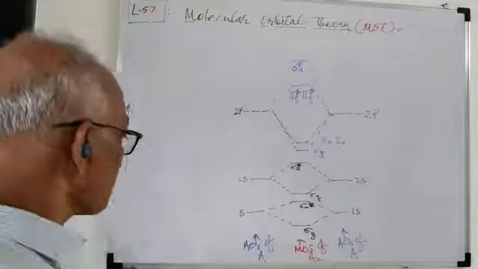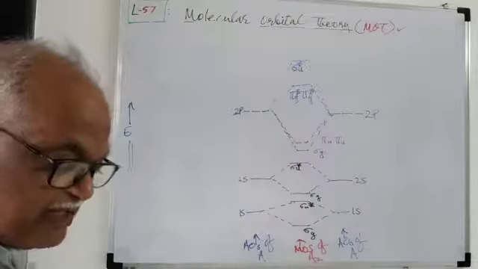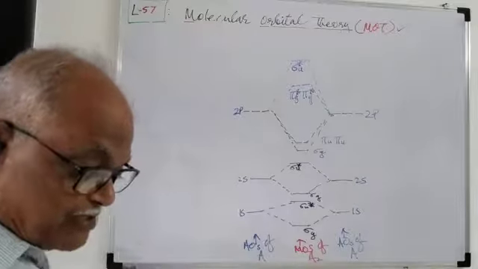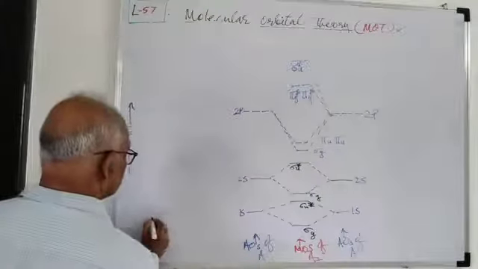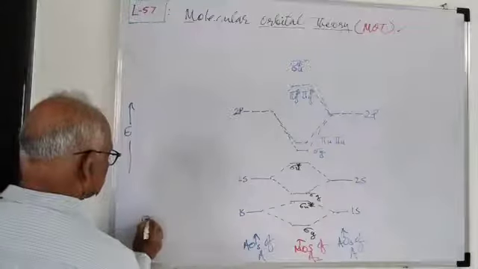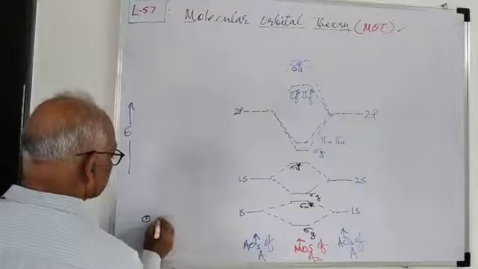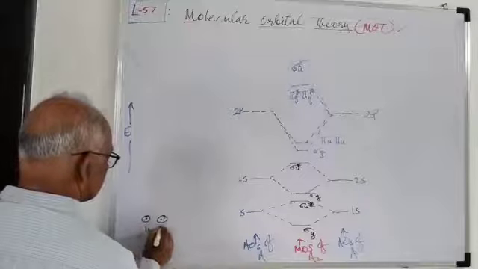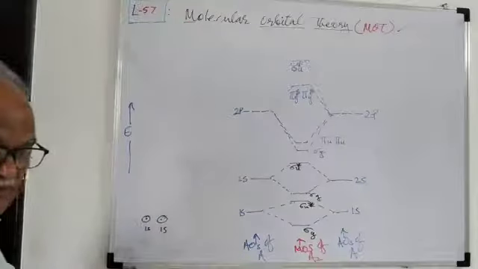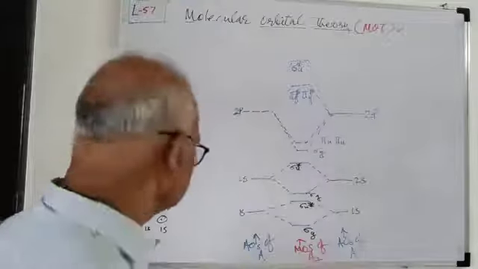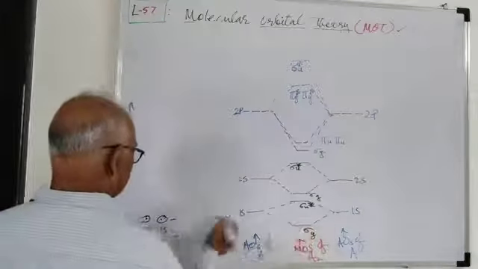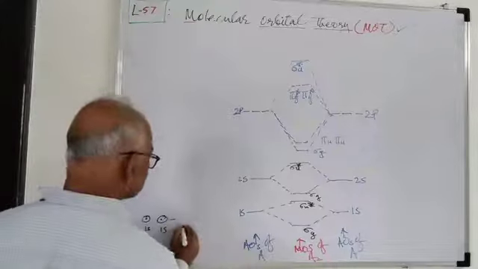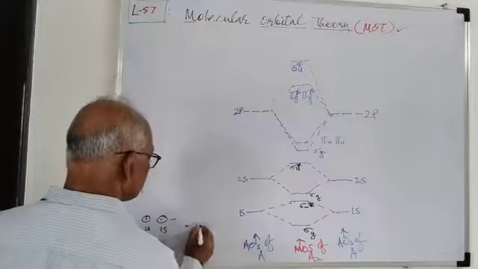Now let us see what atomic orbitals are involved in this type of bond formation. You can have, say, this 1s and this 1s. They will produce molecular orbitals of these two natures; this is the nucleus.